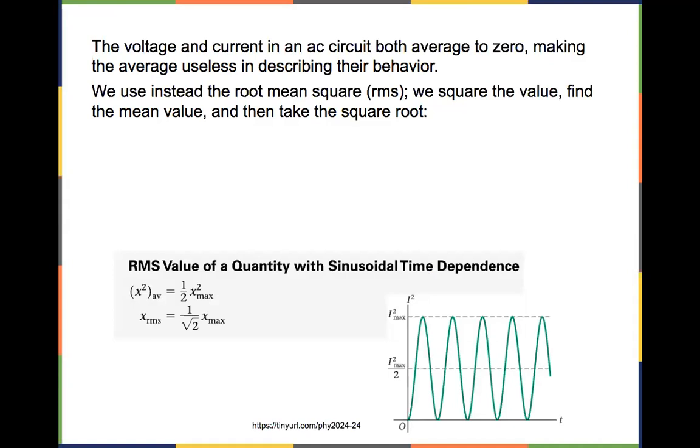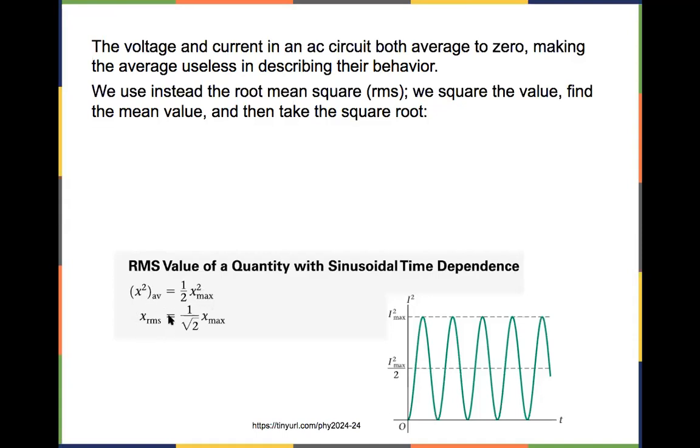We learned this earlier in electricity, and also in thermodynamics. Basically, if you have a sine or cosine function, the root mean square of a certain quantity, say voltage, is found by squaring the voltage and then taking the average of that, which is equal to 1/2 of the maximum squared.